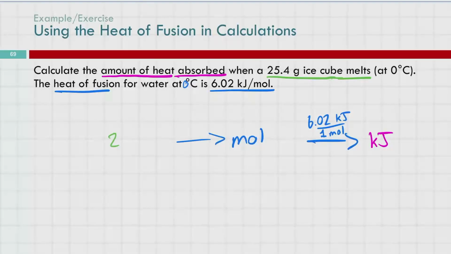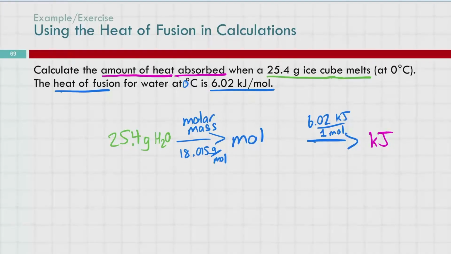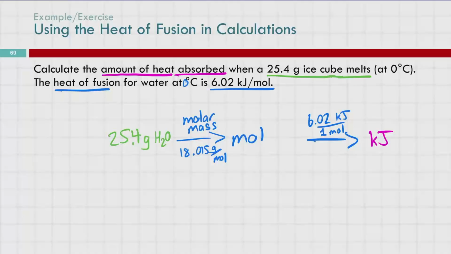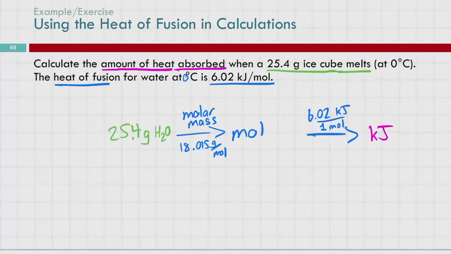We convert from our 25.4 grams of water. What do we need to do that conversion from grams to moles? We need the molar mass of water, which is 18.015. So that's what our solution map is going to look like for this problem.